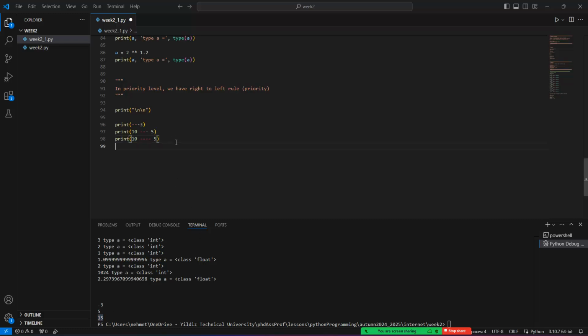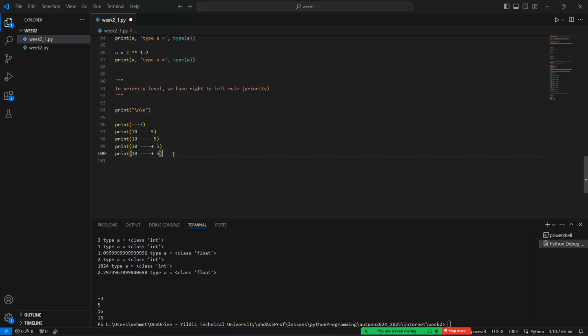Or just like this one, if I add the plus, what is the output of this code, Maryam? The last one. Yes, it's true.